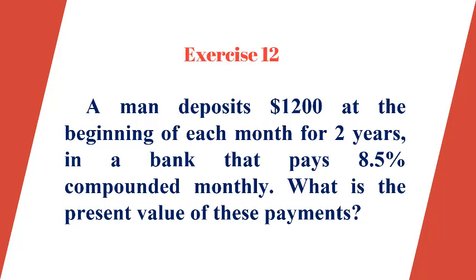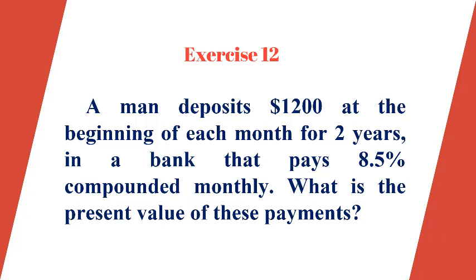In this problem, we have R equal $1,200, and this annuity will be paid at the beginning of each month for 2 years. So we have the total time equal 2 years and the number of payments, the number of annuities, equal 2 times 12, equal 24 payments.